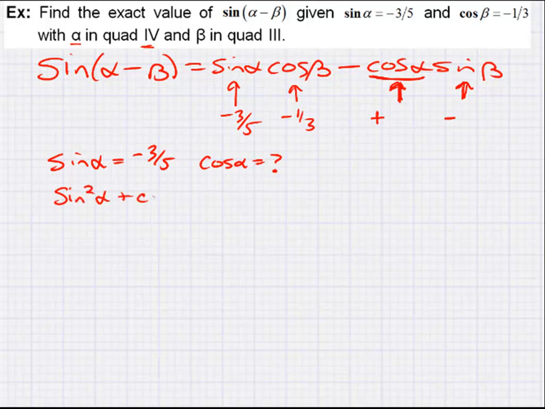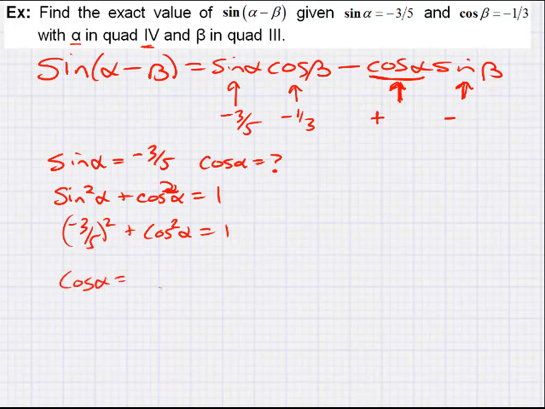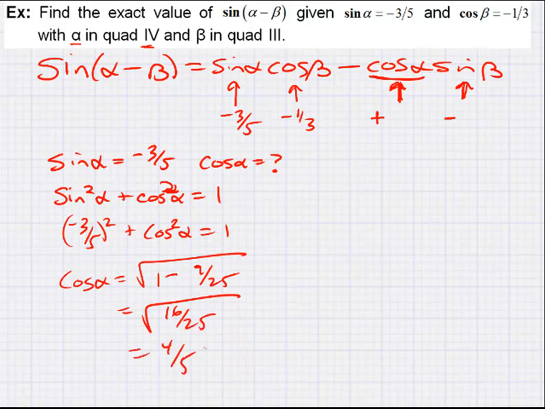Sine squared plus cosine squared equals 1. So this is negative 3/5 squared plus cosine squared equals 1. Solve for cosine, you got your answer. So cosine of alpha equals the square root of 1 minus 9 over 25. That would be 16 over 25 or 4/5.